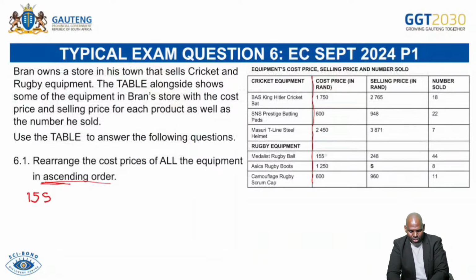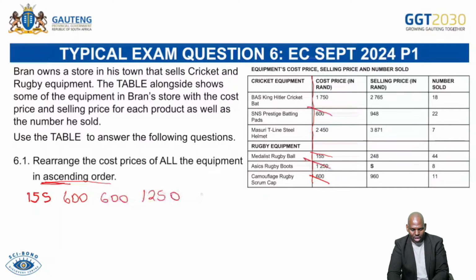Okay, so we can check. Just because we said 155, we can remove it. After 155, I've got 600. I've got 600, can be any 600. There's another 600. Okay, then the 600s are gone. Then the next one, I've got 1,250.